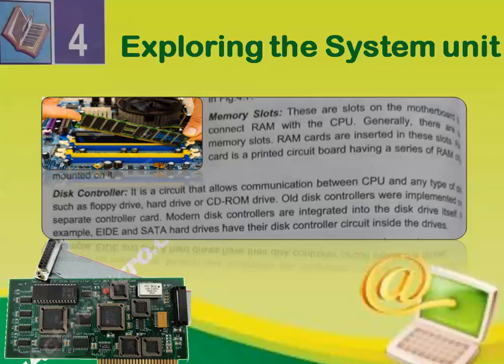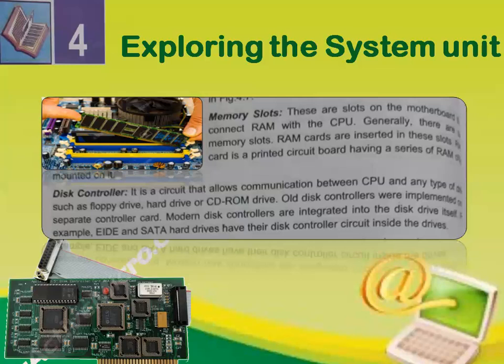Then we have the disk controller. A disk controller is a circuit that allows communication between the CPU and any type of drive, such as a floppy drive, hard drive, or CD drive. Old disk controllers were implemented on a separate controller card. Modern disk controllers are integrated into the disk drive itself. For example, EIDE and SATA hard drives have their disk controller circuit inside the drive.